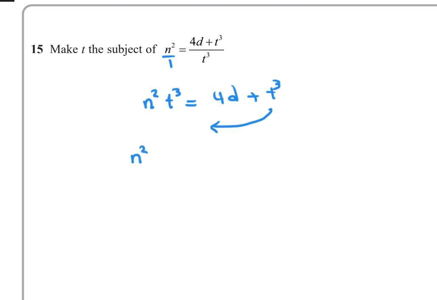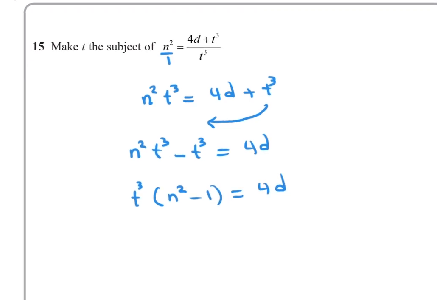So n squared t power 3 minus t power 3 equals 4d. Now factorize the left hand side, take t power 3 common. You are left with n squared minus 1 equals 4d. Divide by n squared minus 1, so t power 3 equals 4d over n squared minus 1.